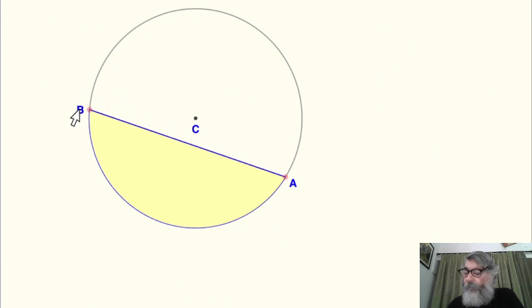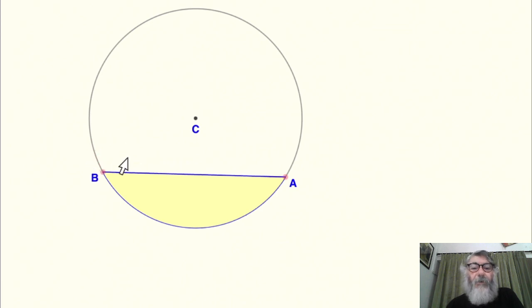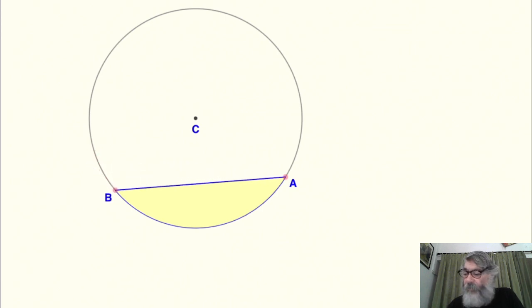So again the size of the chord is decreasing, and with the decrease of the size of the chord, it moves away from the center. The perpendicular distance from C to AB is greater when AB is small. The distance between the center of the circle and the chord is large.